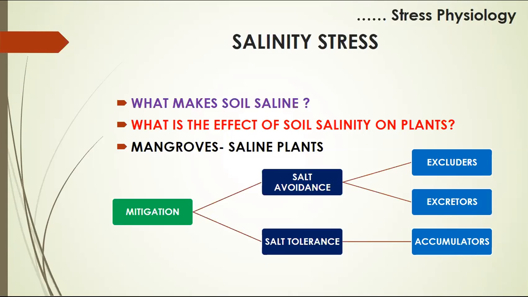Under marshy, logged soil, non-availability of oxygen due to anaerobism is thus compensated, and the plants are able to sustain their energy requirement via respiration and thereby the overall growth.